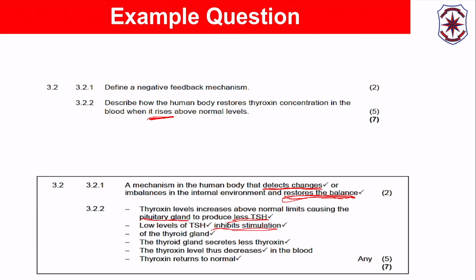Remember, the word inhibit means what? Prevents. Stimulation of the thyroid gland. The thyroid gland secretes less thyroxin and thyroxin levels decrease. In the blood, thyroxin returns to normal.